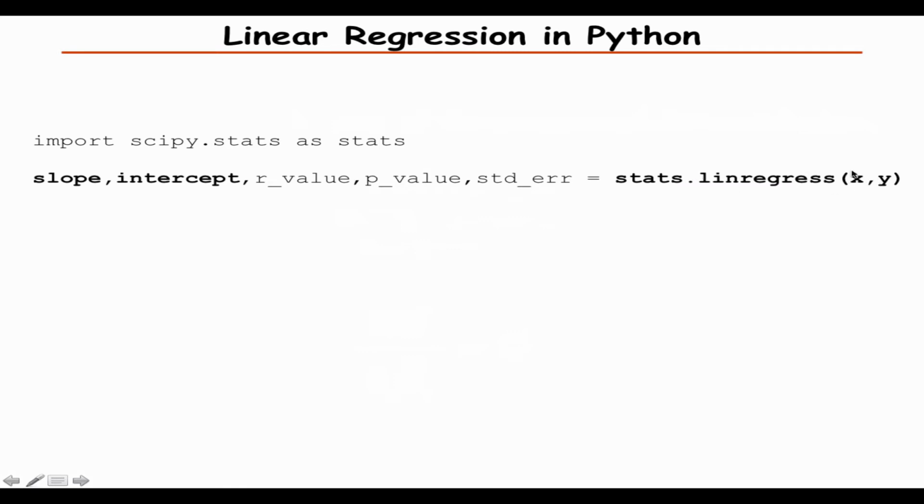You enter two arrays, x and y, and then you get the slope and intercept. You also get the correlation coefficient, which we'll talk about later, a p-value, which tells you the chance that this would happen if you had randomly distributed values for x and y, and also the standard error of the slope.